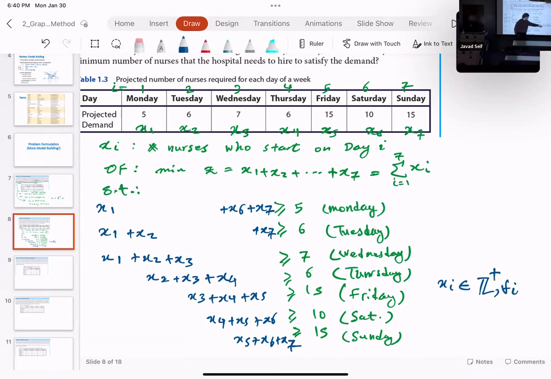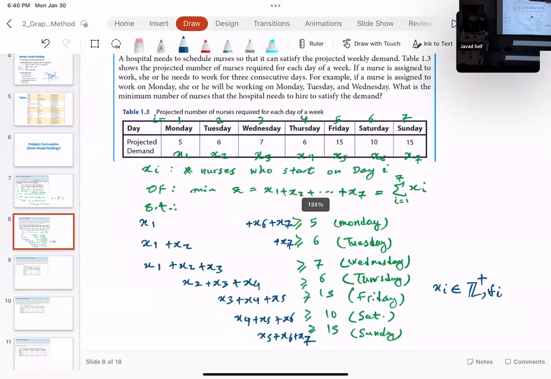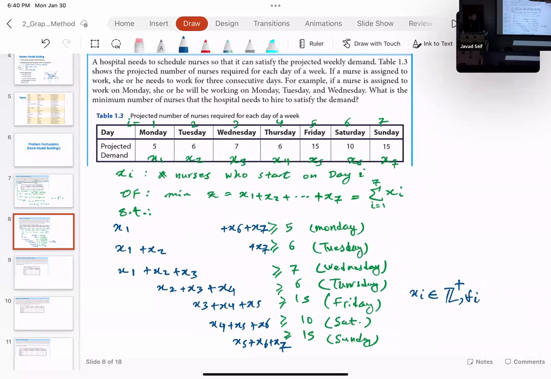How many here? 7. Whenever you see "for all," it means that you have to repeat this for every i. So x1 is integer, x2 is integer, x7 of them. 7 there, 7 here, 14 constraints. Good. This one.